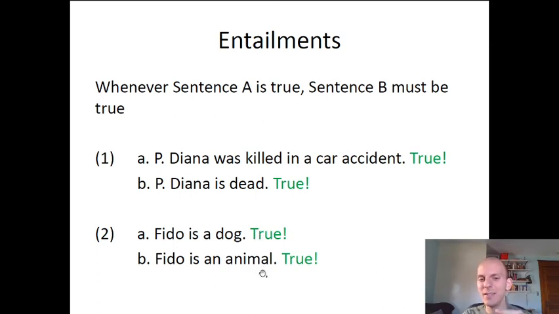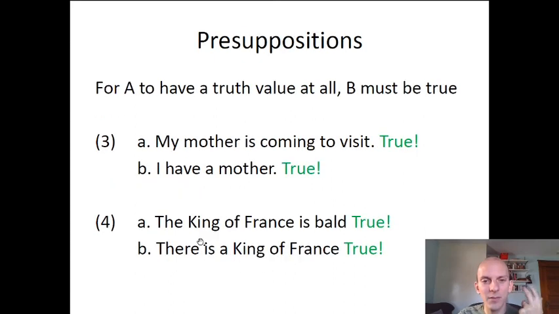It entails his animalhood. A entails B, whereas in presuppositions, the B sentence is just granted knowledge. That's the intuition you can hold on to when looking at these relationships.